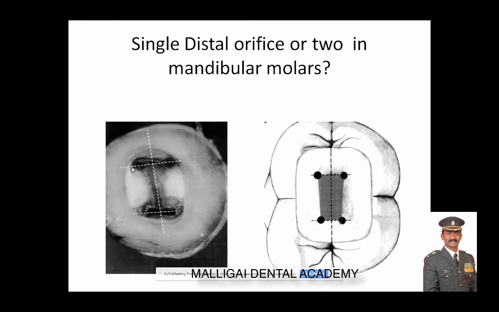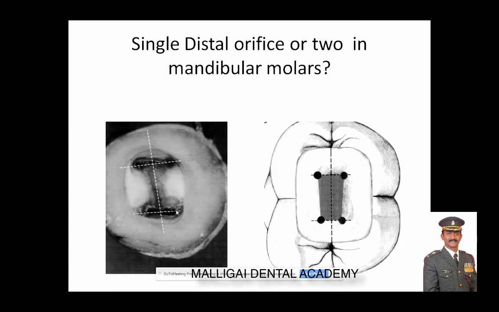In a calcified tooth, if I have located the mesiobuccal orifice, I simply have to look for the mesiolingual orifice on a straight line, perpendicular to the imaginary mesiodistal line passing through the center of this mandibular molar, at the same distance on the other side. I'll be sure to locate the lingual orifice.